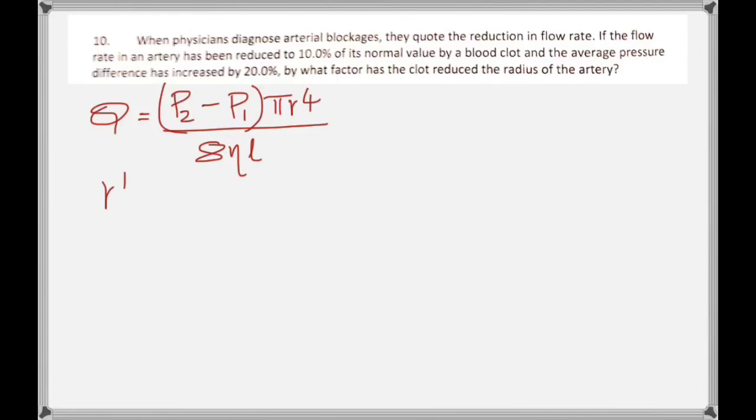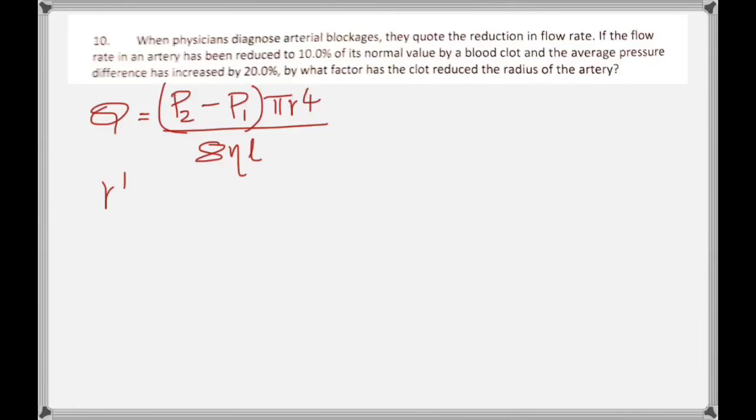Of course, the pressure at one end, where it's connected to the heart, is going to be higher. And then eta, this funny symbol here, is the viscosity. And then you have the length. Nothing is mentioned about the length of the artery. You only have the pressure and the radius.